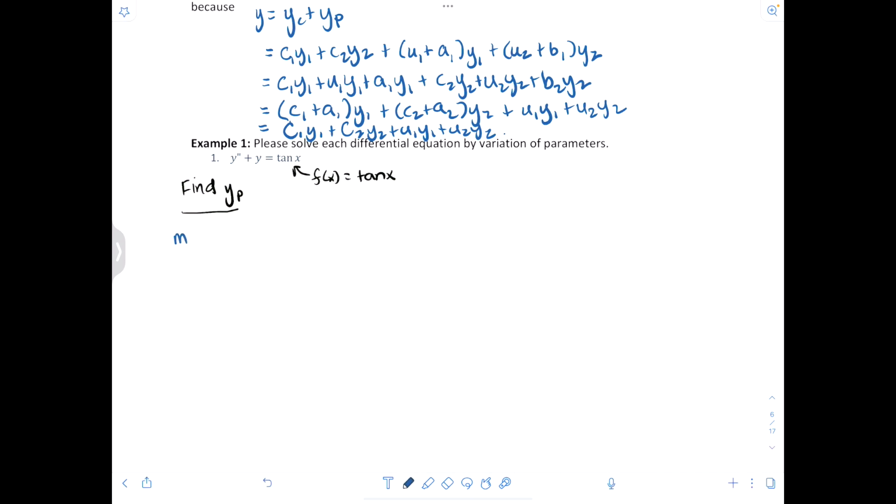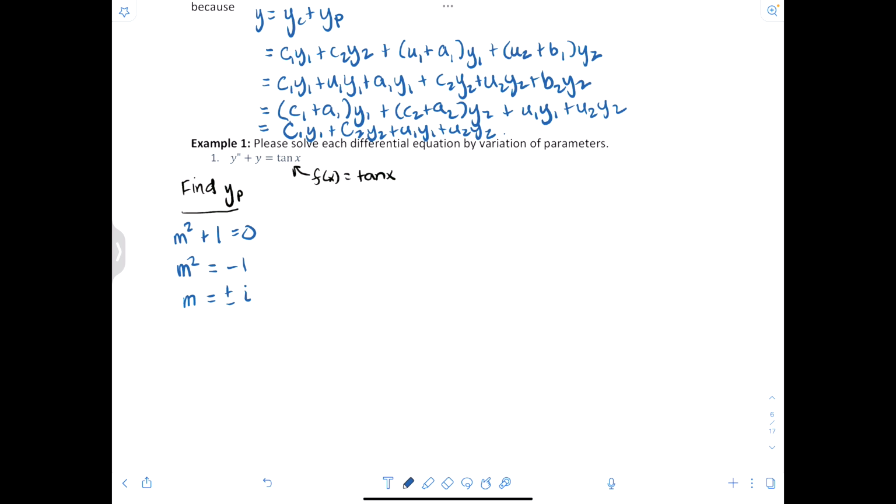To find yp, we're just going to go back to what we were doing: solve m squared plus 1 equals 0. So m squared is -1, and so m is going to be plus or minus i.